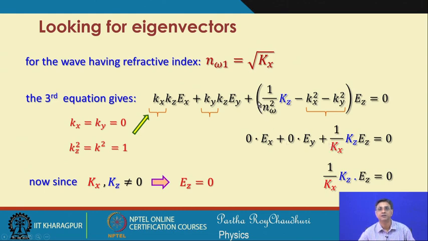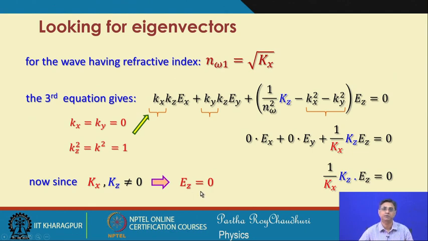So, if we write this equation, we get 0 into E x, 0 into E y plus 1 by k x k z E z equal to 0. That means k z by k x into E z equal to 0. It simply tells you that whatever might be the values of k z and k x, they cannot be 0. So, E z must be 0.